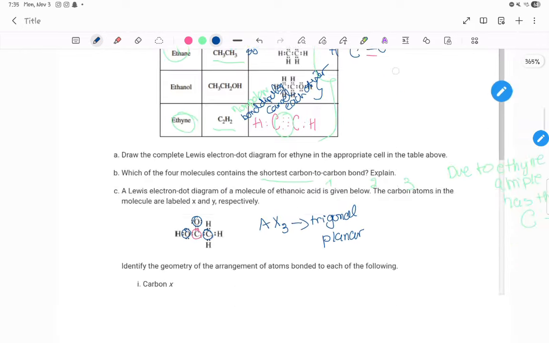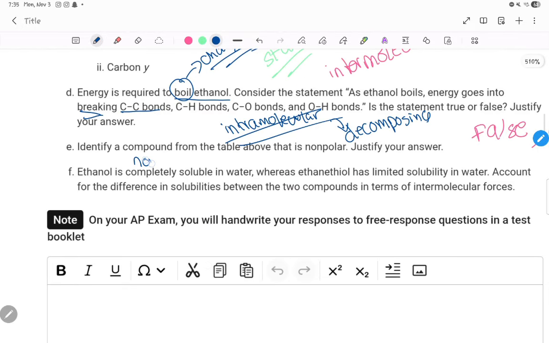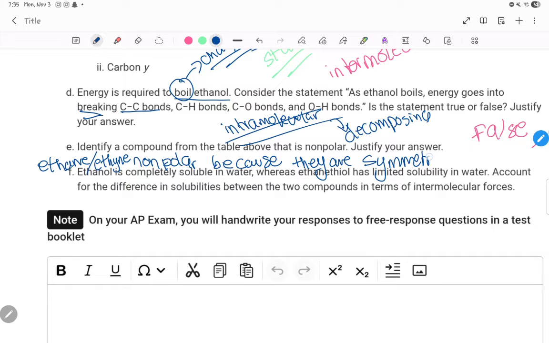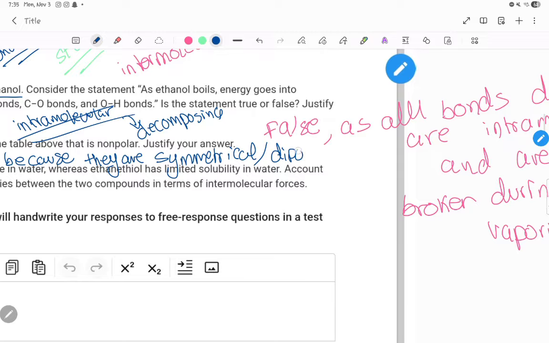So I'm just going to write an answer here. We said ethane or ethyne: they are non-polar because they are symmetrical, or the dipoles cancel each other. Okay, perfect. Now we'll move on to part F.